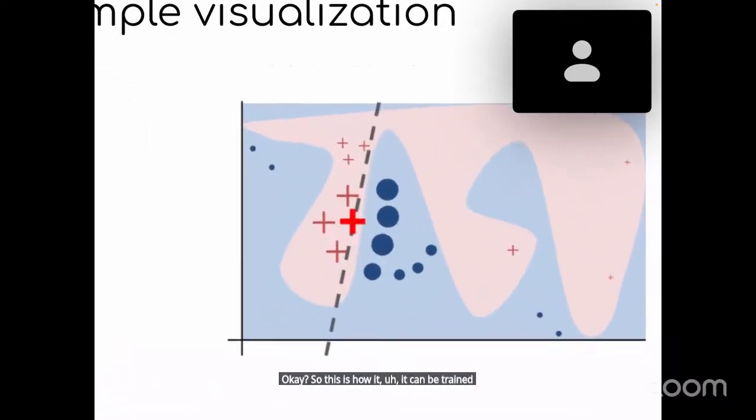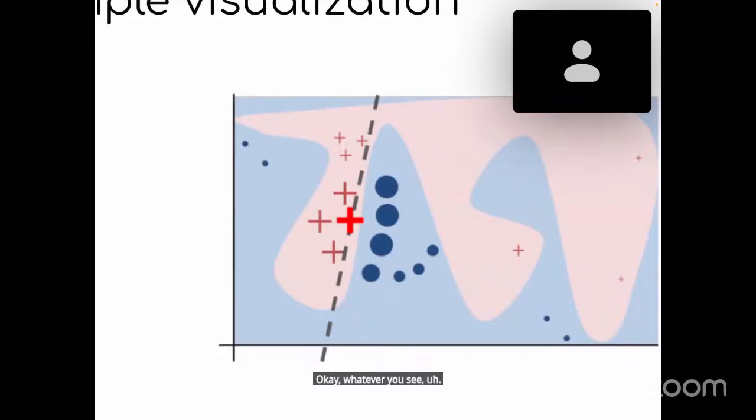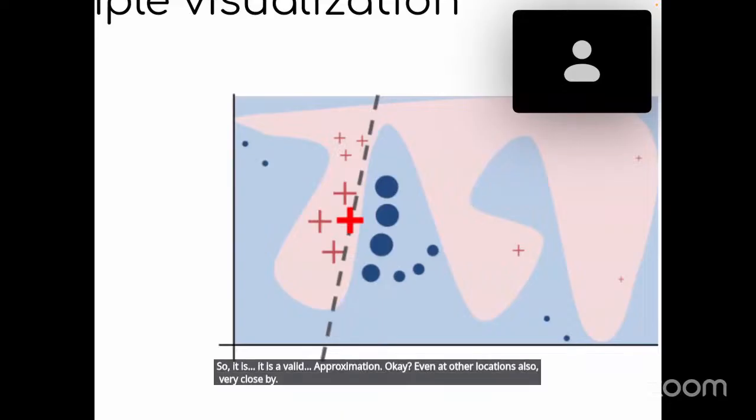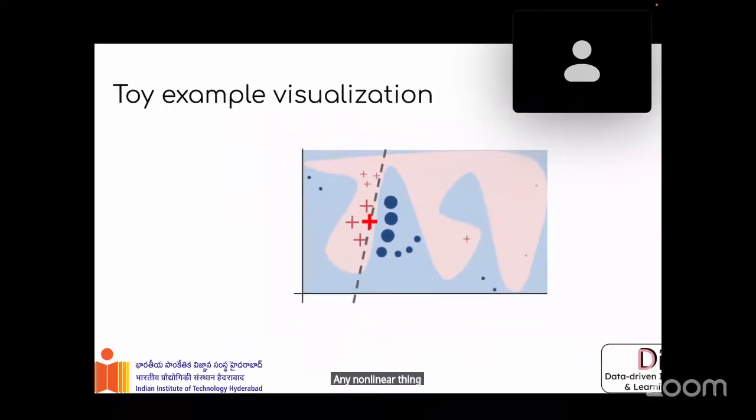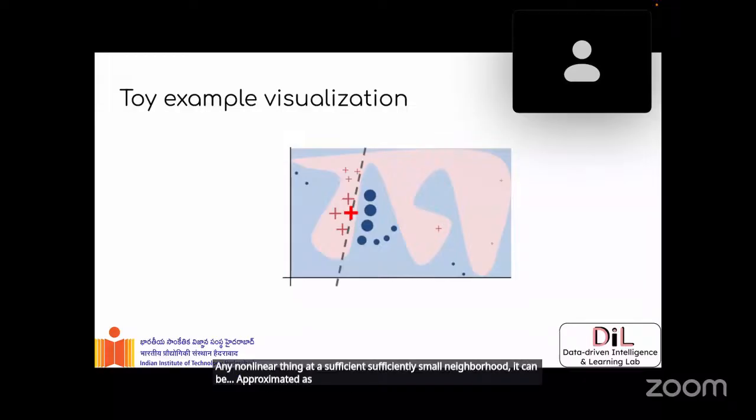And now you see within the neighborhood, the model is almost linear. Whatever you see, the separation between the red and blue nearby that point is almost a line. So it is a valid approximation. Even at other locations very close by, any nonlinear boundary in a sufficiently small neighborhood can be approximated as a linear classification boundary.